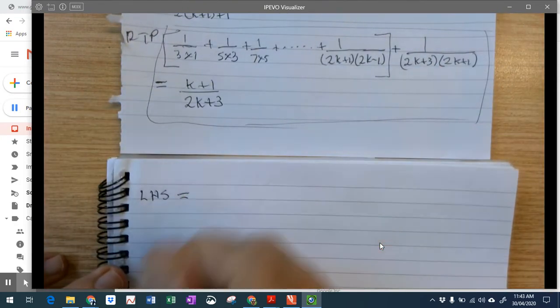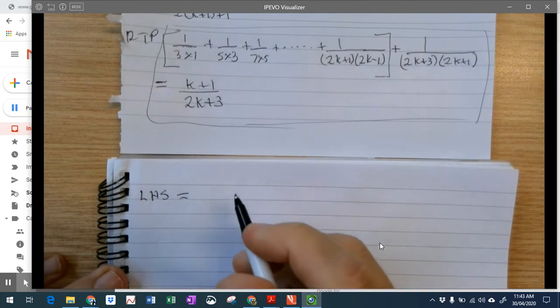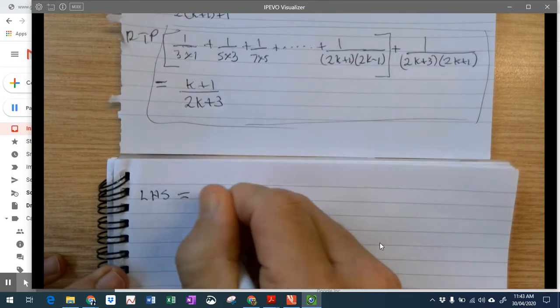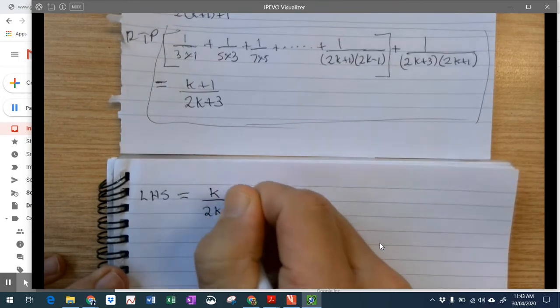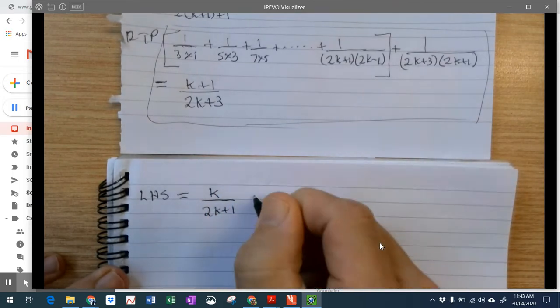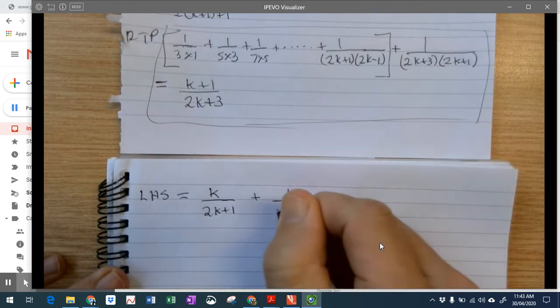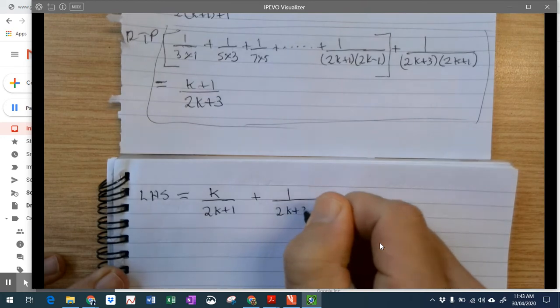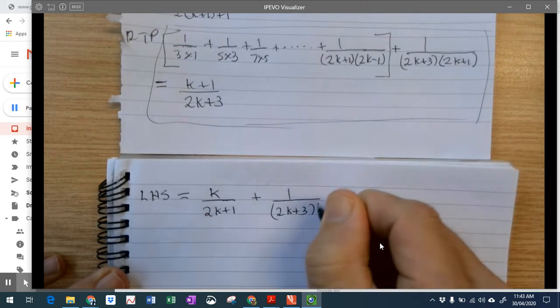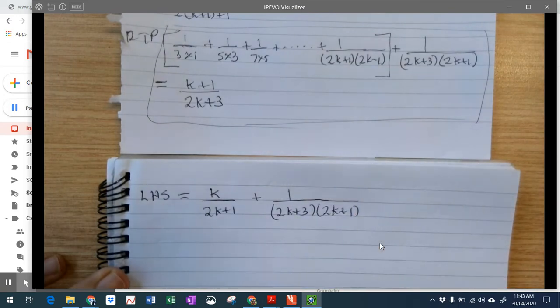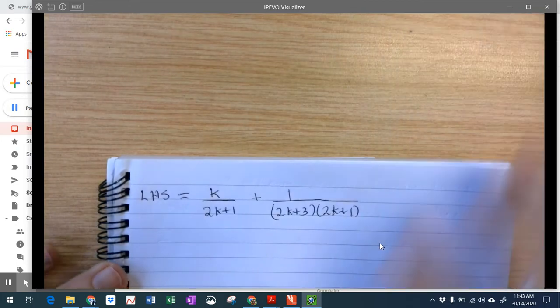Okay, so left-hand side becomes k over 2k plus 1 plus 1 over 2k plus 3 and then over 2k plus 1. Okay, I can get that out of the way now.